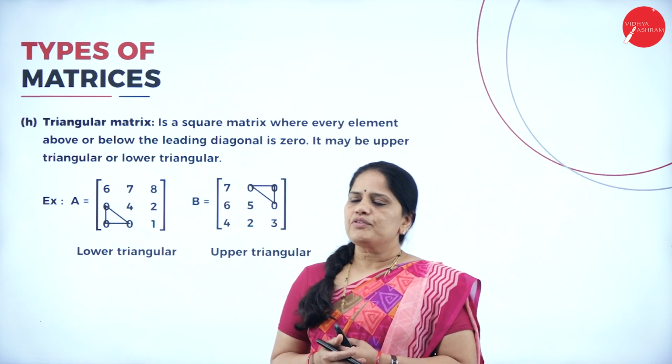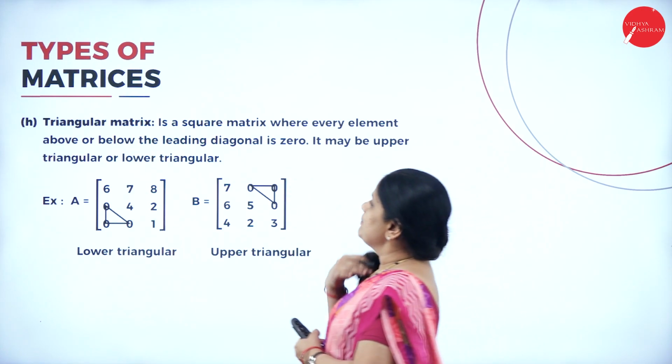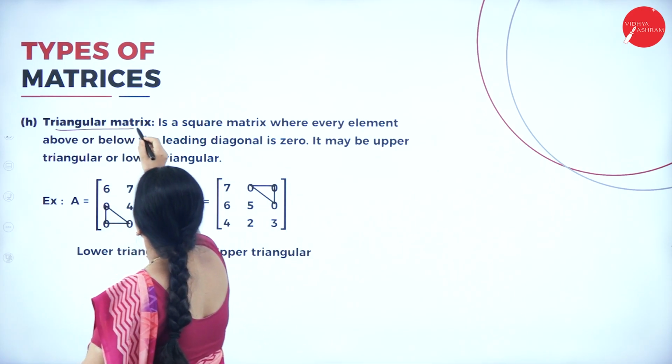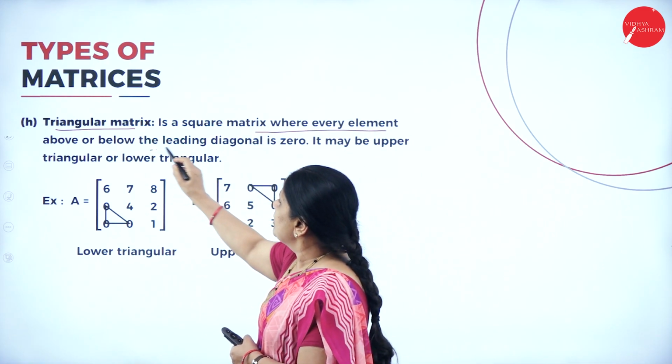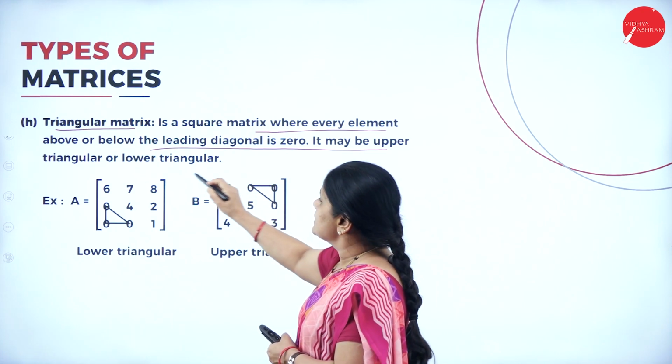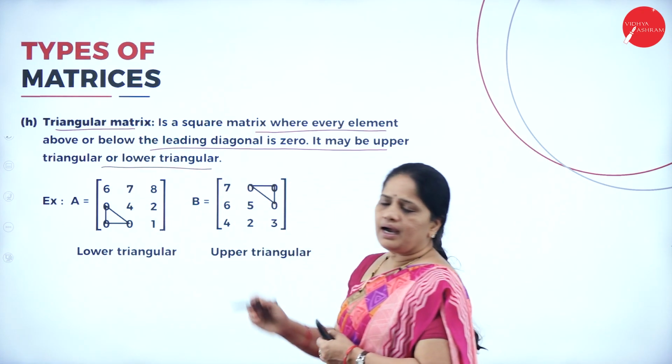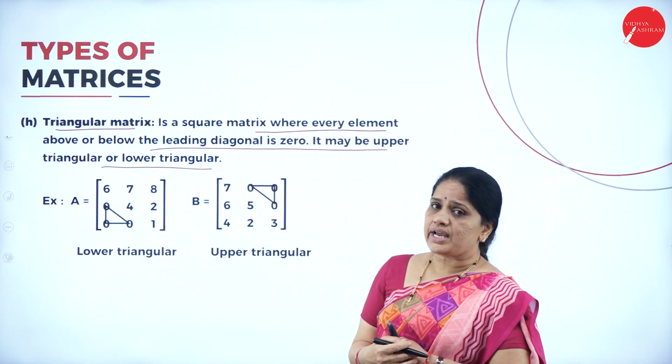Now the next type of matrix is the triangular matrix. A triangular matrix is a square matrix where every element above or below the leading diagonal is 0. It may be upper triangular or lower triangular.